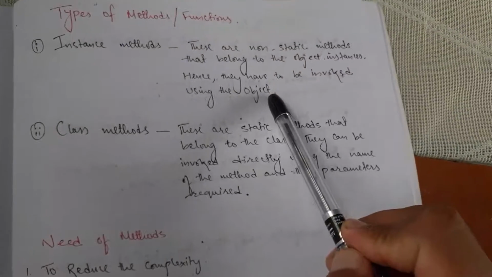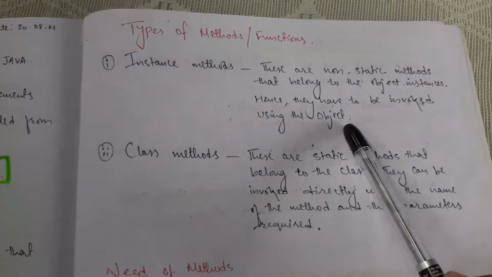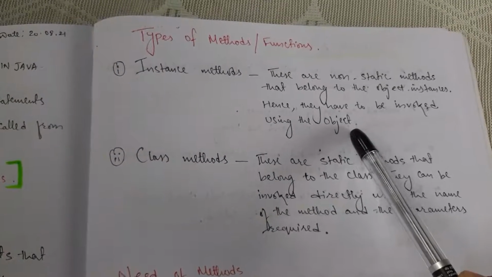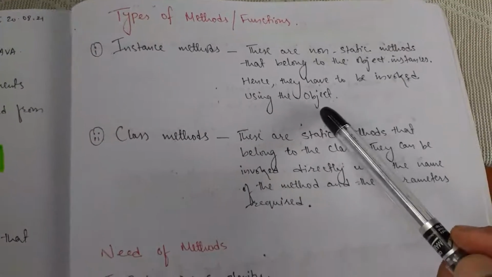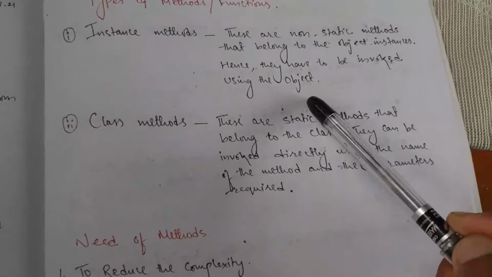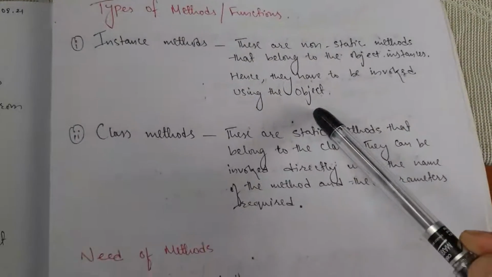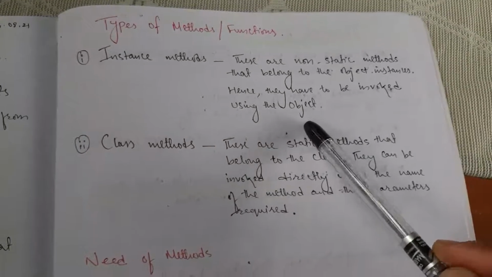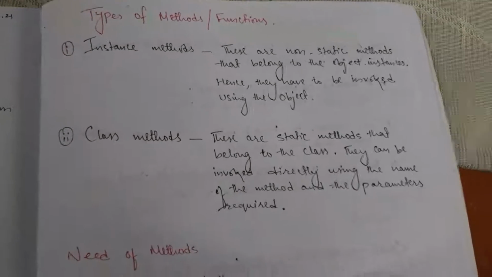In the previous class we learned about creating an object with the help of the operator new. If you remember, I taught you one example: create an object mp3 for the class music. You have to revise that portion to know about object creation.